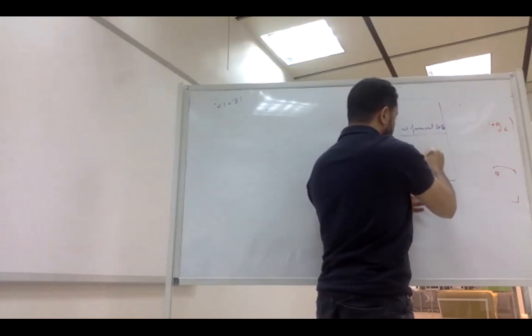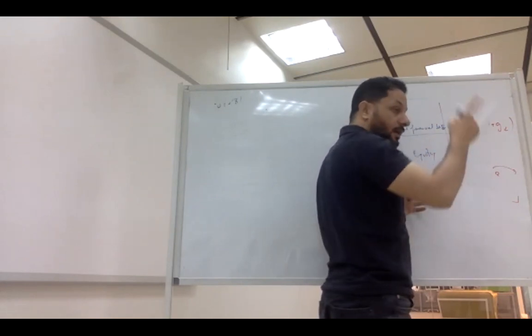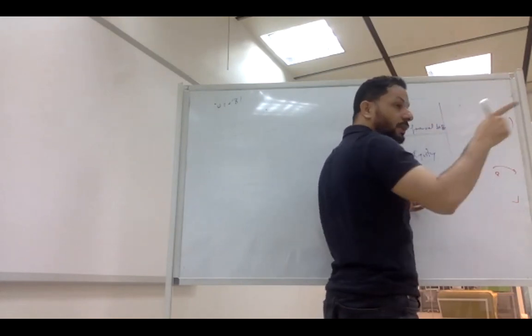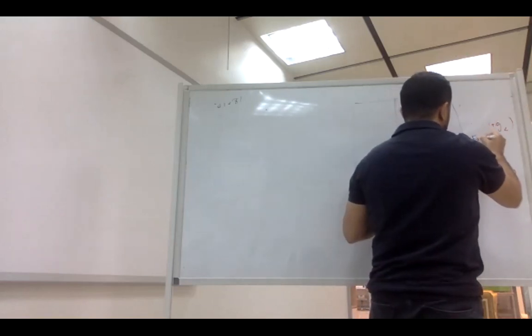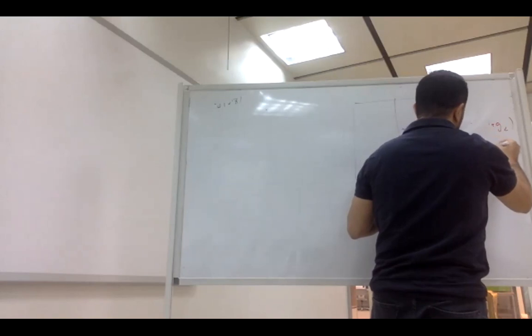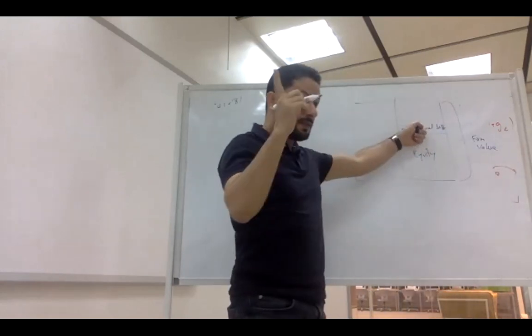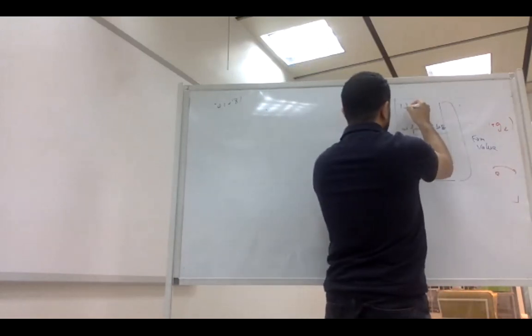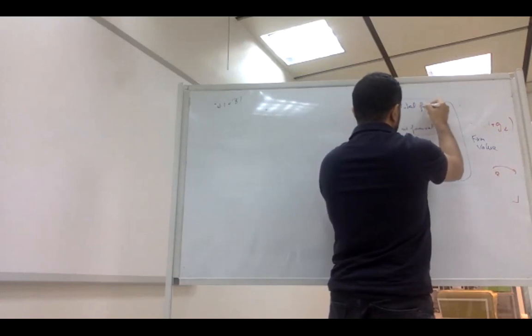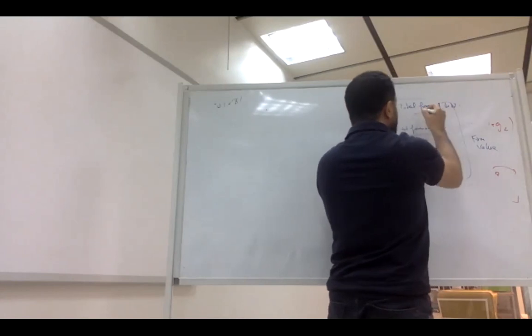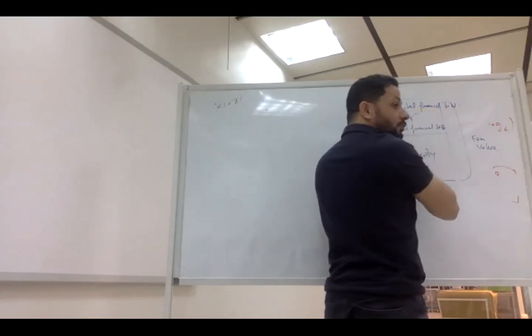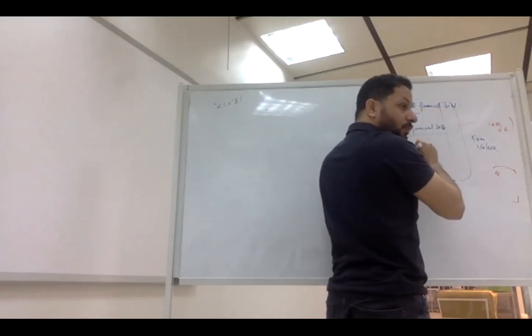The sum of net financial debt plus equity will give you the firm value. This is the firm value. The net financial debt is nothing but total financial debt minus cash flow and equivalent.